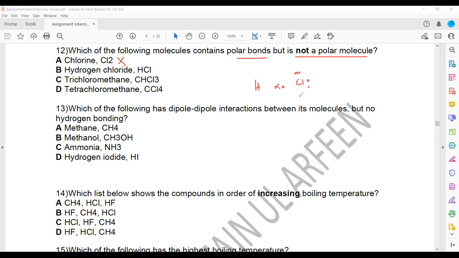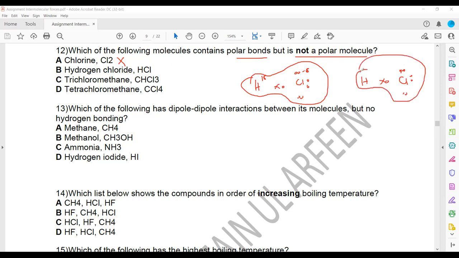There is no other atom to cancel out, so there will be partial positive on hydrogen, partial negative on chlorine. So the molecule is polar and the bond is also polar, so this cannot be the answer.